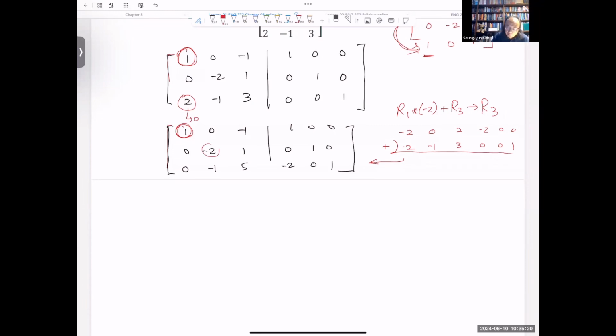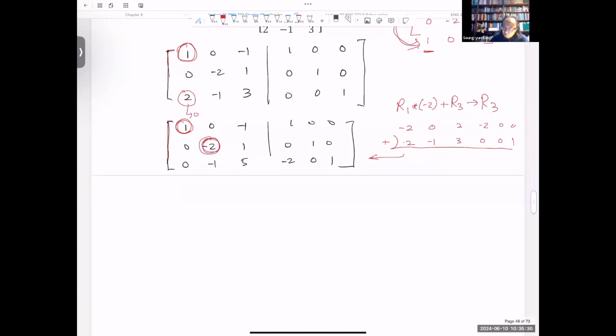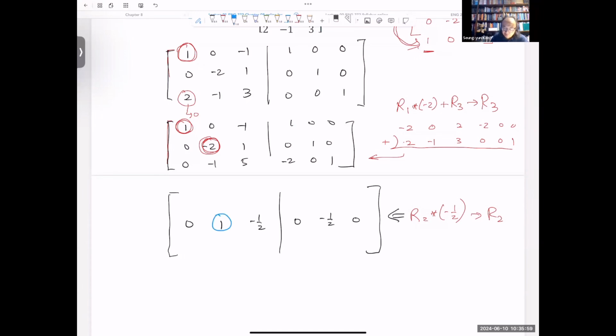Next, we need to make this guy 1. So we want to do R2 times negative 1 over 2, put it back to R2. R2: 0, 1, negative 1 over 2, bar 0, negative 1 over 2, 0. And we have to use this 1 to make the 0 above and the 0 below. The 1 above is already 0, so we can just copy down 1, 0, negative 1, 1, 0, 0.